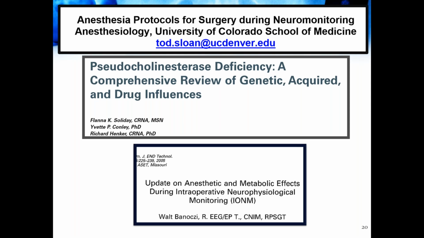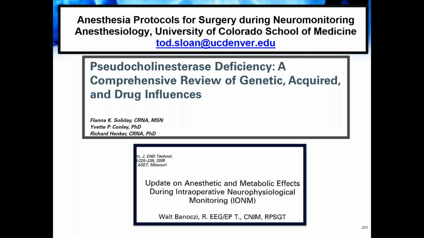And in fact, can end up being intubated post-surgically with succinylcholine, with sux, which is the most rapidly metabolized muscle relaxant.